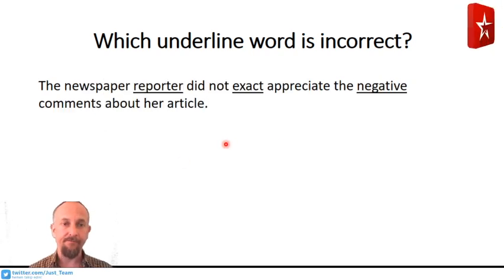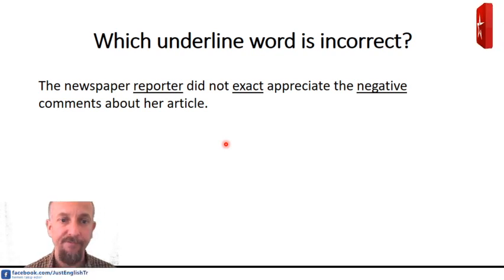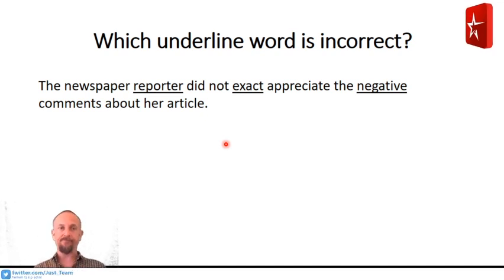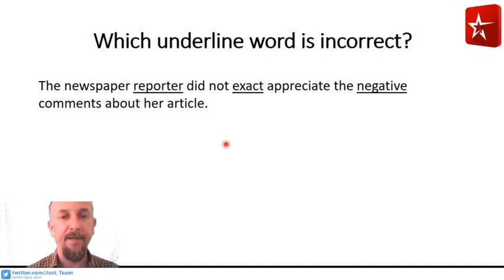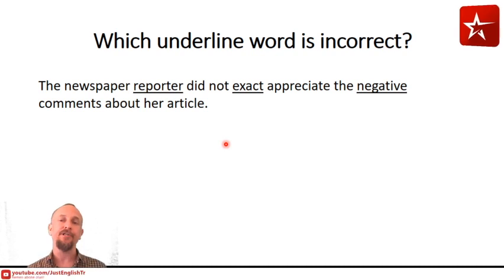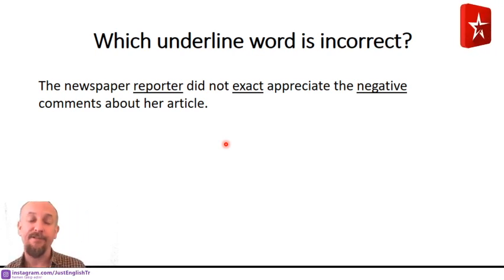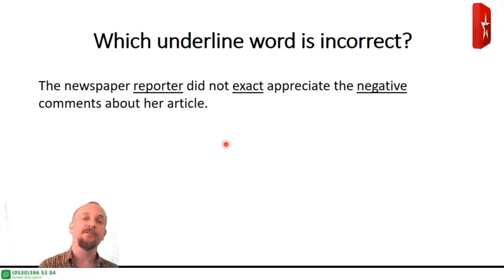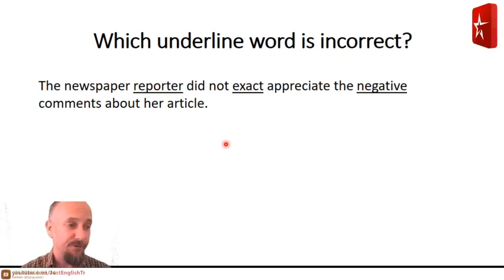Let's look at the next one. The newspaper reporter did not exactly appreciate the negative comments about her article. One more time. The newspaper reporter did not exactly appreciate the negative comments about her article. So which part do you think's wrong now? Is it reporter, exact, or negative?